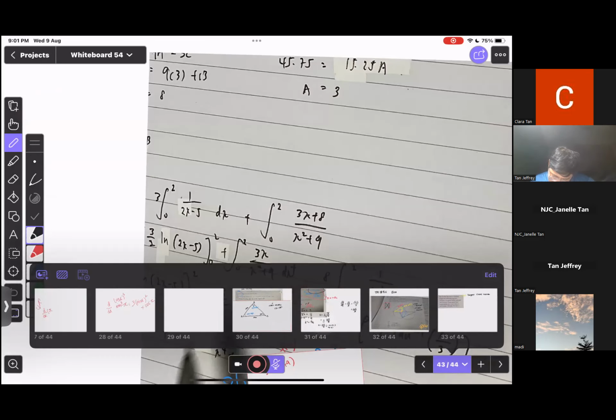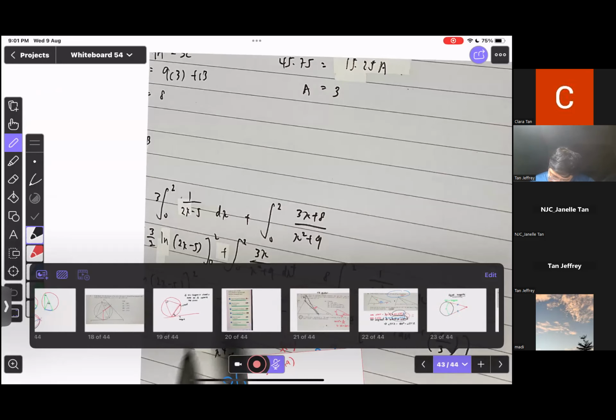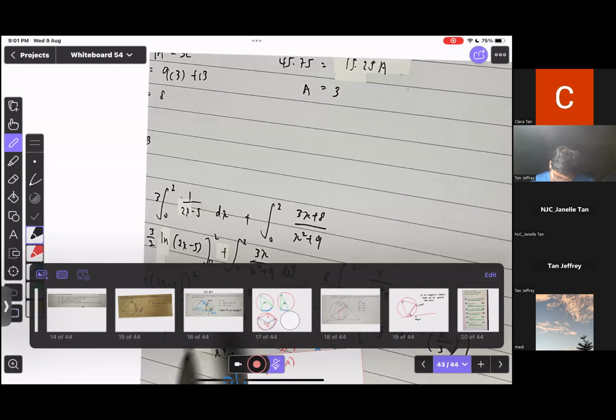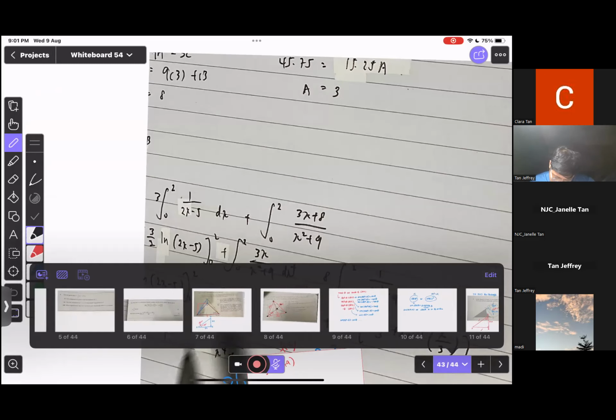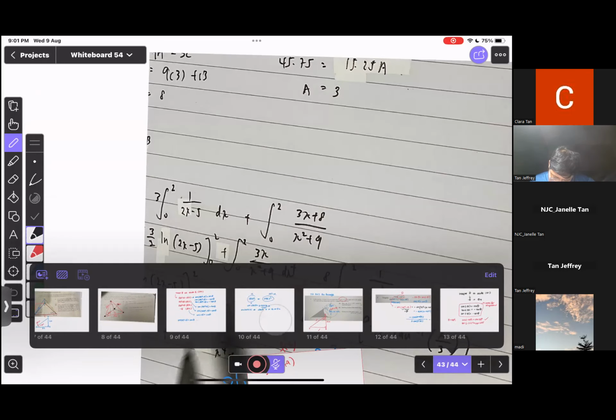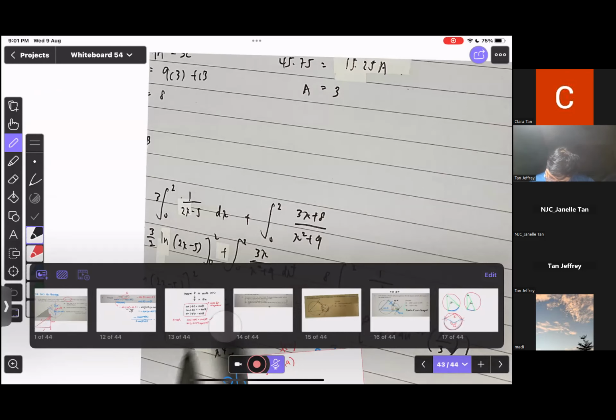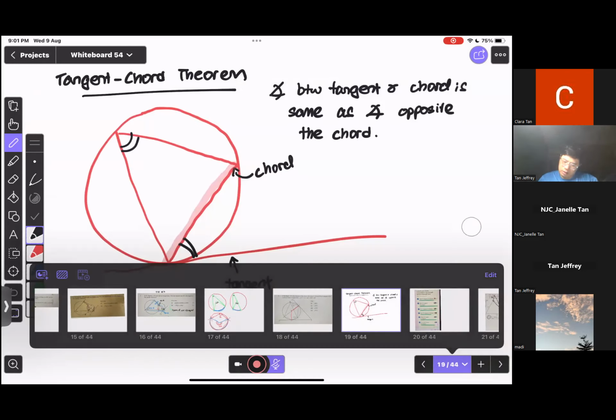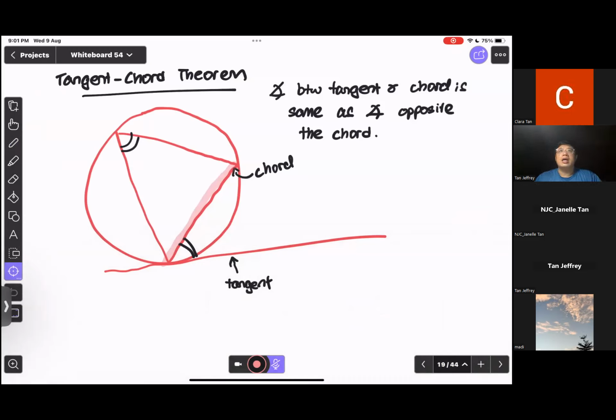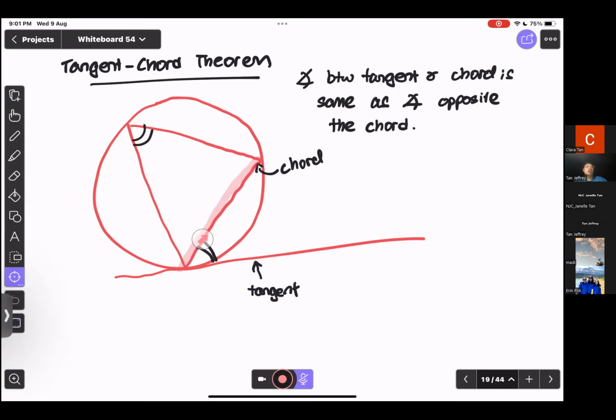Okay, so basically another way to say it is that the angle between the tangent and the chord, like this is the tangent, this is the chord, is the same as the angle opposite the chord. So the angle between the tangent and the chord is the same as the angle opposite the chord. That's how I remember it.